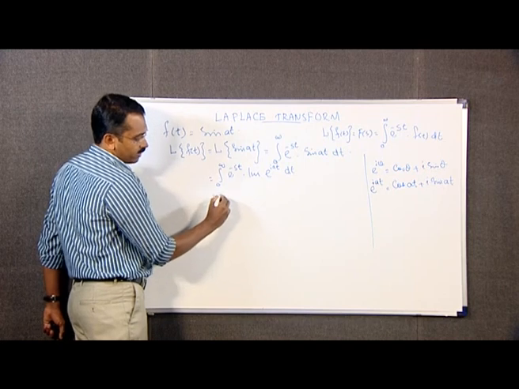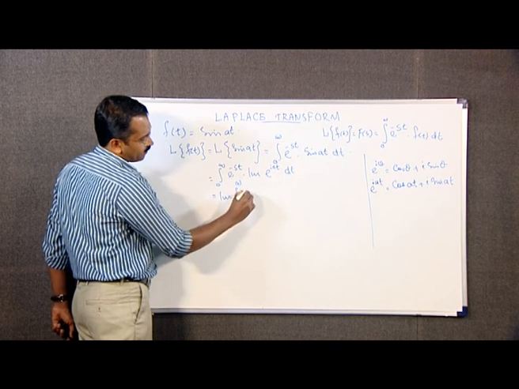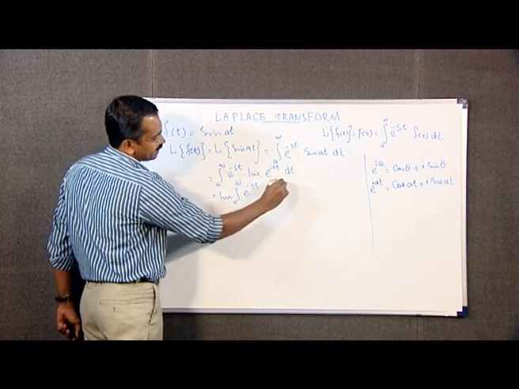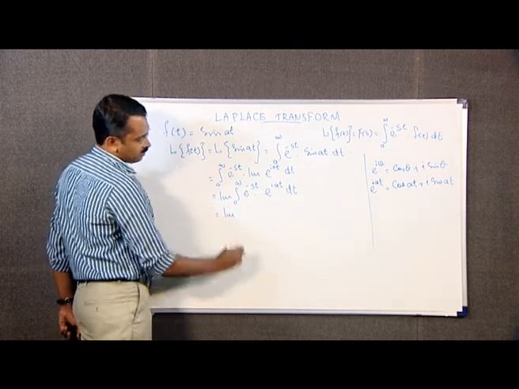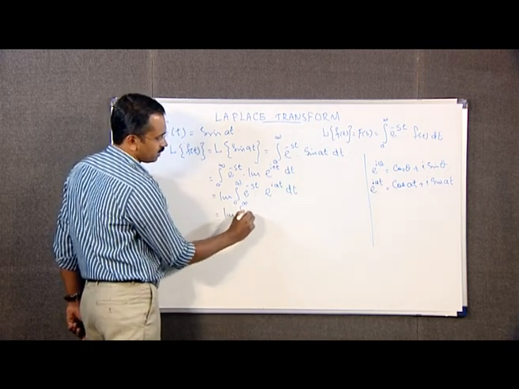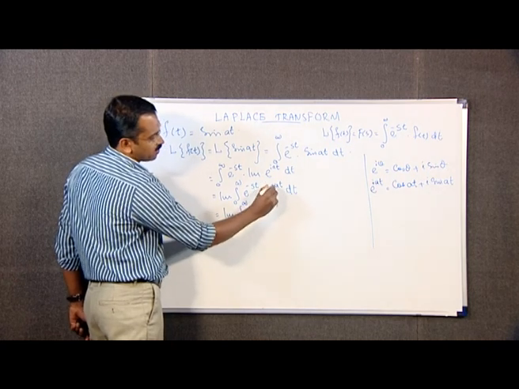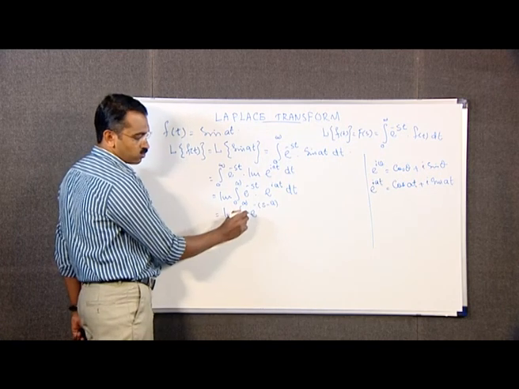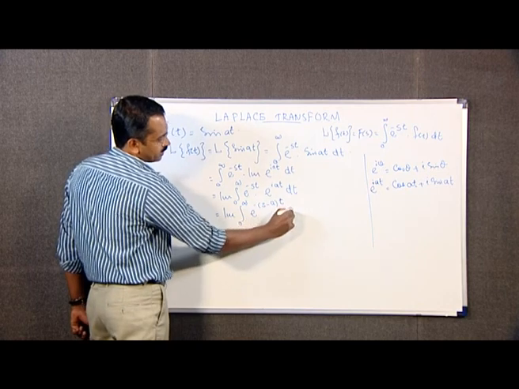which is equal to the imaginary part of the integral from 0 to infinity of e^(-st) into e^(iat) dt. That is, the imaginary part of the integral from 0 to infinity of e^(-(s - ia)t) dt.